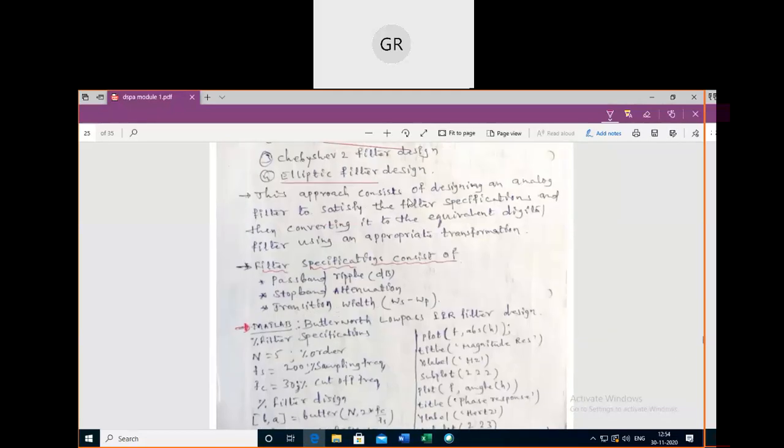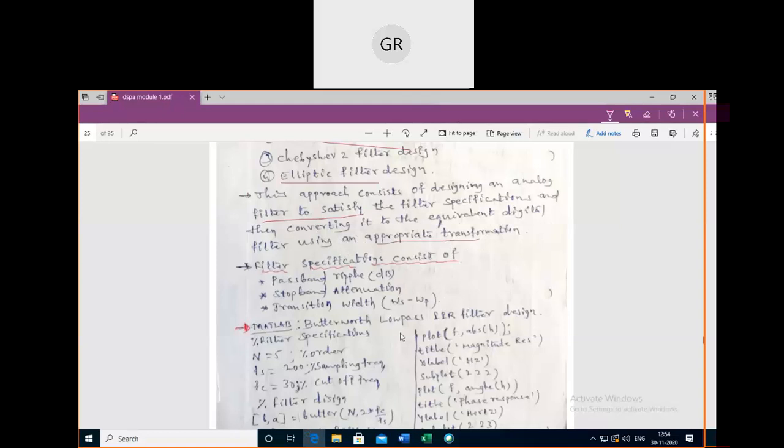So what do we do in the analog filter design? This approach consists of designing an analog filter to satisfy the filter specifications, and then converting it to the equivalent digital filter using an appropriate transformation.